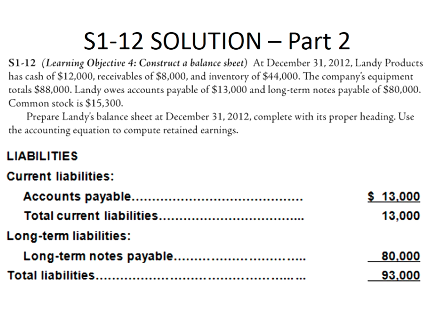So I'm going to add the 13,000 plus the 80,000 to give me total liabilities of 93,000. Now I'm putting a single underline under the total liabilities. The single underline says I'm done with total liabilities, so I'm not adding anything else to liabilities.